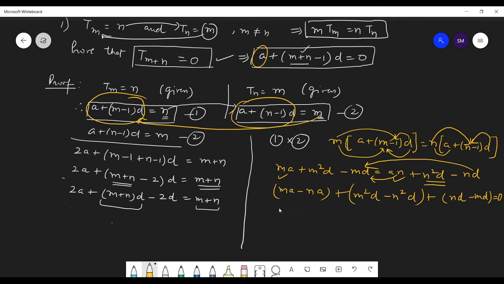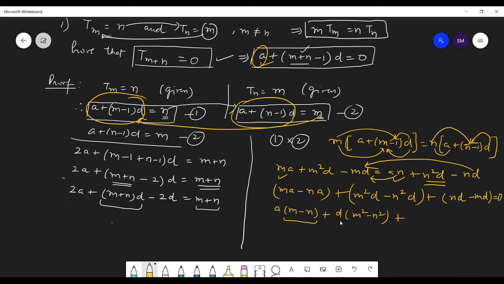so students, you can take a common, so m plus n. Now you can take d common, m square minus n square. Plus. So from here you can take d common, but if I want a alone, so I need to divide this by m minus n.